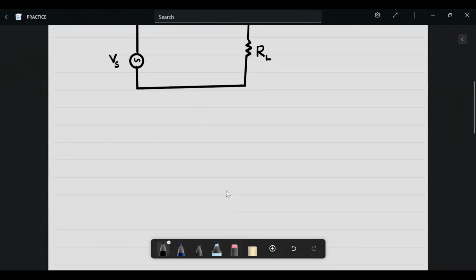Okay, so let me just list the data given. We are given the resistive load, RL, as 25 ohms. We are given the supply frequency, 50 hertz.